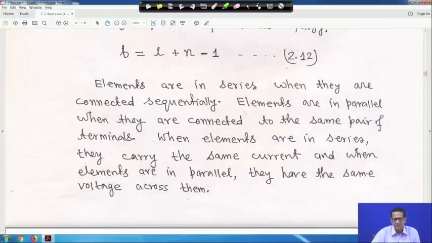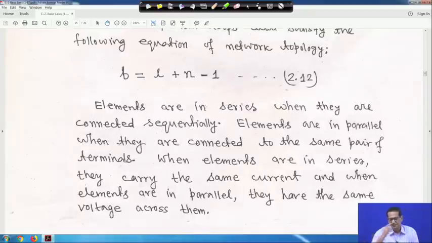So, that means easily you can find out, everything is written here, right. When elements are connected sequentially, there will be series. When elements are in series, it means through all the elements the same current is flowing, and when they are in parallel, it means they are across two terminals, so across those elements the voltage will remain the same.